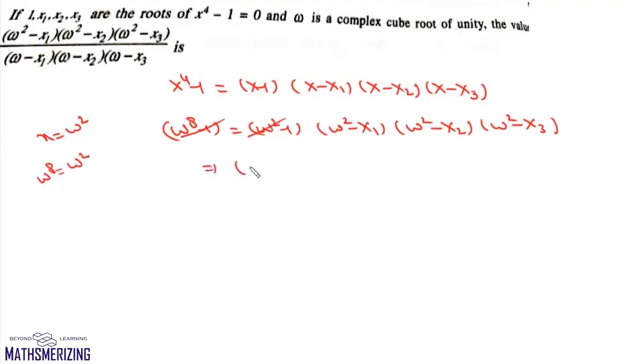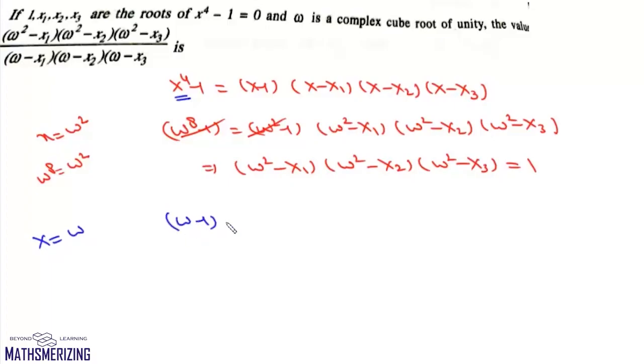From here we can write omega square minus x1 into omega square minus x2 into omega square minus x3, it is 1. Now for the denominator, we'll put x as omega. So we'll get this as omega to the power 4, which again is omega.